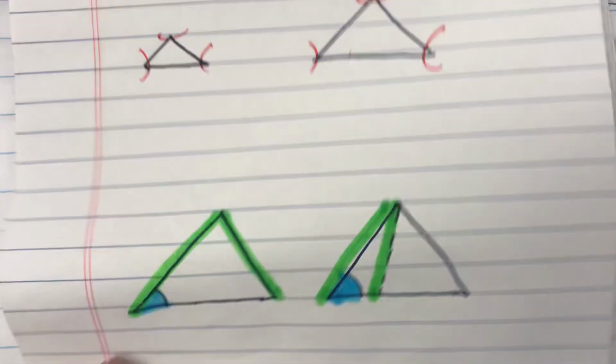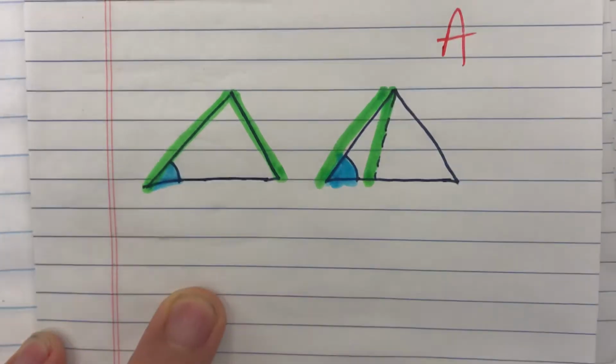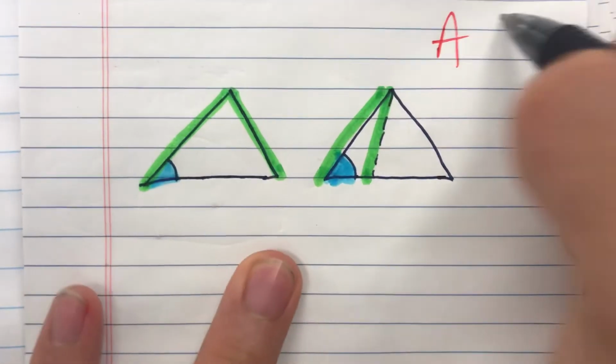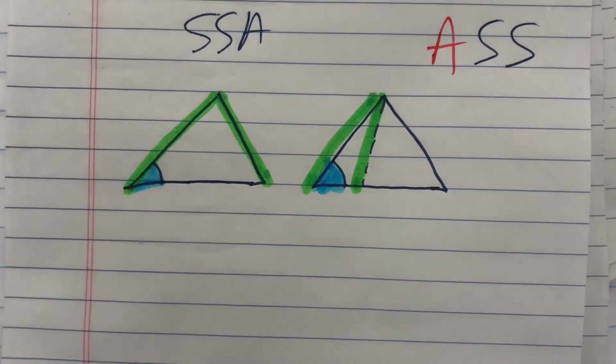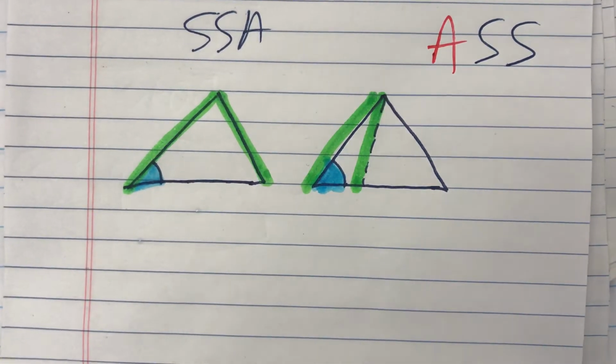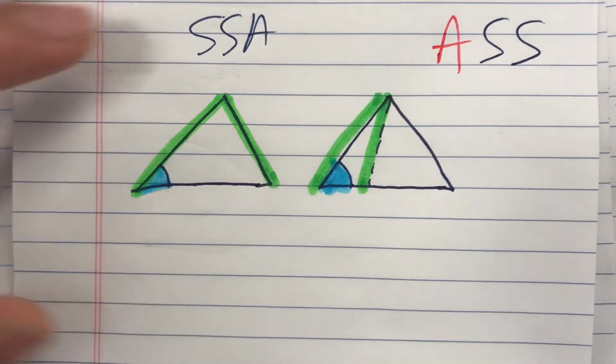And here's the last piece. The only time you can really curse in math class, it's the ASS. Or, you know, the correct way is SSA, but it's the ASS. And so just remember, it doesn't work. Why is that? Well, it's basically saying side, side, angle, right?